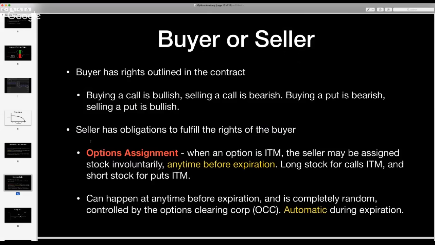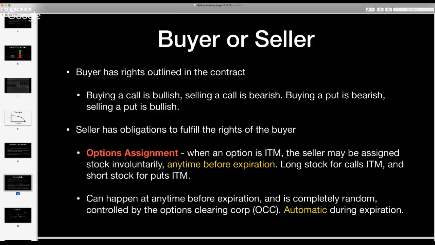Now, during the life of that options contract, from a seller's point of view, they can get assigned. That's what options assignment is. Now, when an option is in the money, is the only time they can get assigned. In other words, it has intrinsic value. So if you don't have any intrinsic value, you don't have to worry about getting assigned. But during the life of the contract, if it is in the money, at any time you can get assigned.